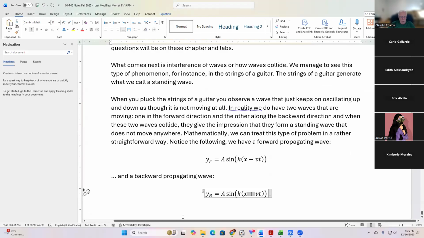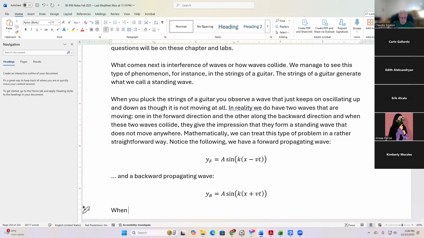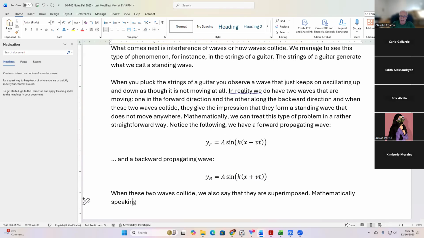When these two waves collide, we also say that they are superimposed. Mathematically speaking, it is just like summing one wave with the other.